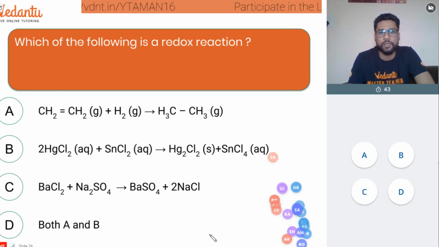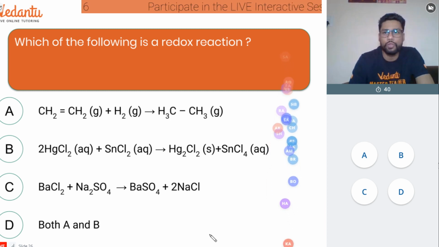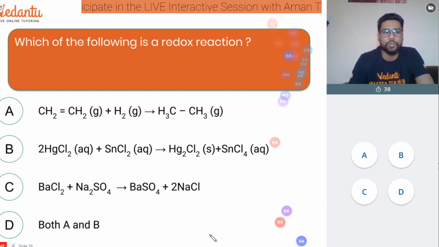Go for it. Which of the following is a redox reaction among these?